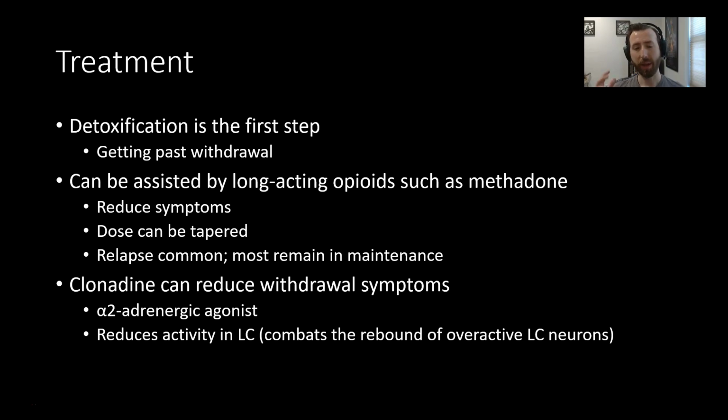Remember, because opiates suppress activity in the locus coeruleus, the withdrawal state involves a rebound and overactivity of that region. So since the alpha-2 receptor is primarily expressed as an autoreceptor, by agonizing these autoreceptors, you can tone down that overactivity of the locus coeruleus.